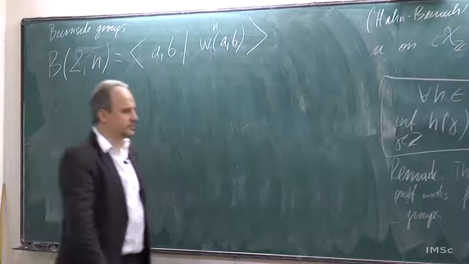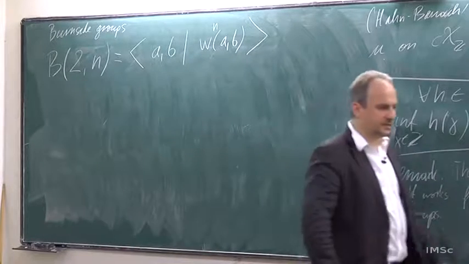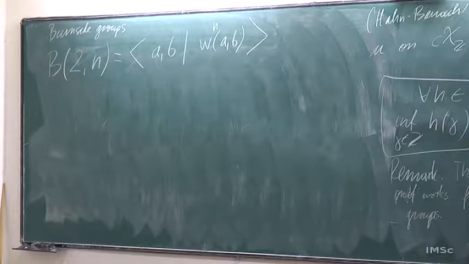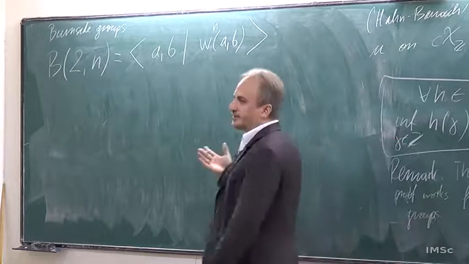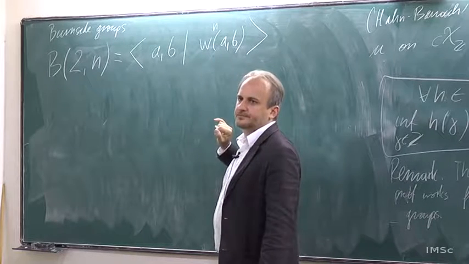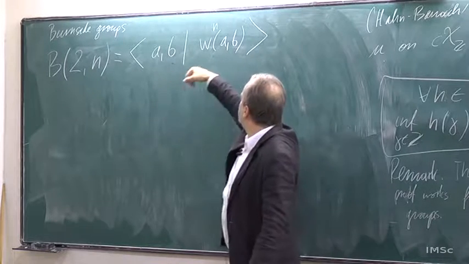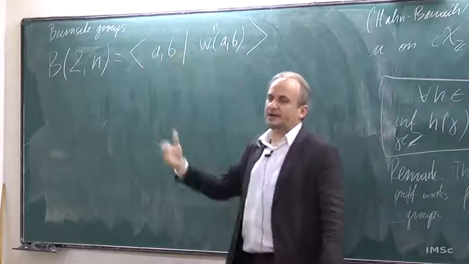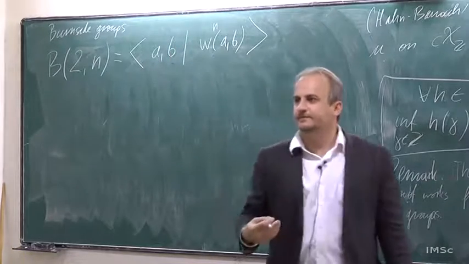Okay, so it's called Burnside group because he asked the question about existence of finitely generated groups which are infinite, yet all elements are of finite order. Okay? In this group, any element to the power n is identity.